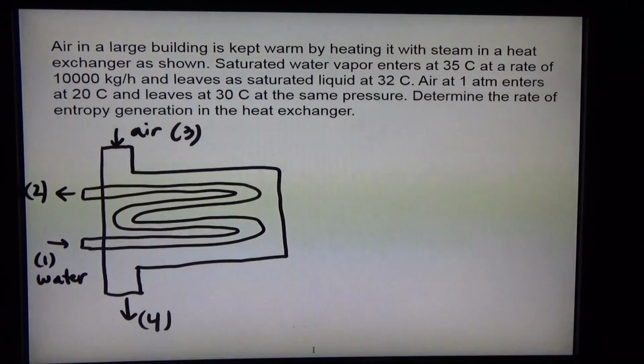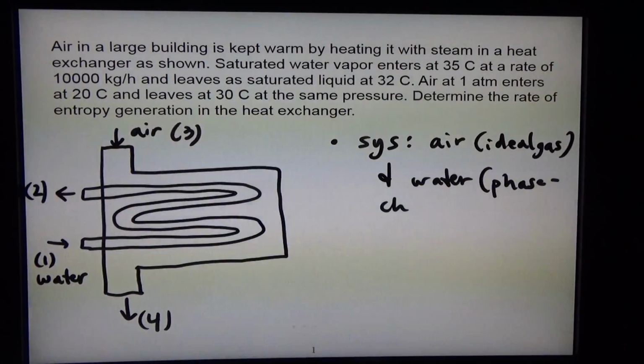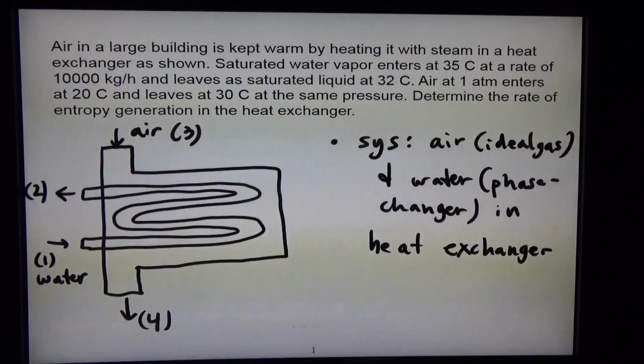Alright, so let's start off, just set the problem up. Our system here, we have air, which is an ideal gas, and water, which is a phase changer, in a heat exchanger, where a heat exchanger is an open system.